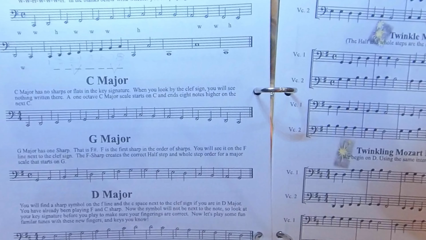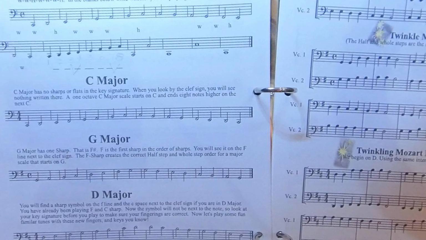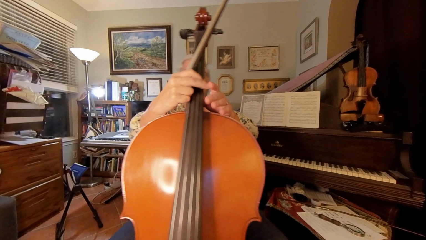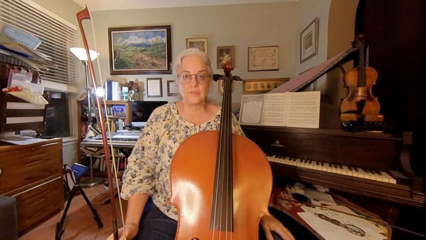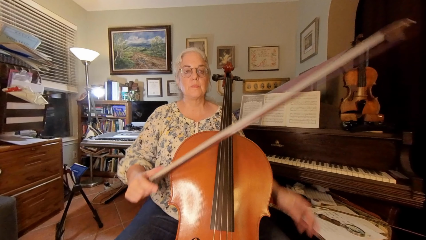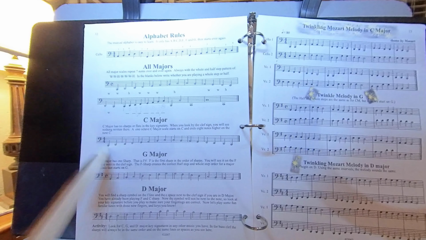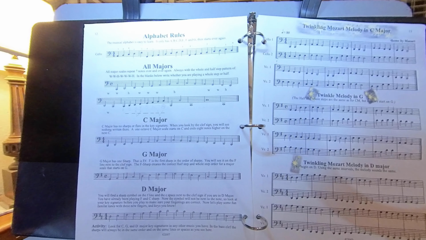So a major scale is either a whole step or a half step, and the pattern from the beginning of the scale is always whole, whole, half, whole, whole, whole, half. It never changes, you guys. That is one of the laws of major scales. So let's play this C major. So we're going to start right here. Play with me. So you know all these notes.